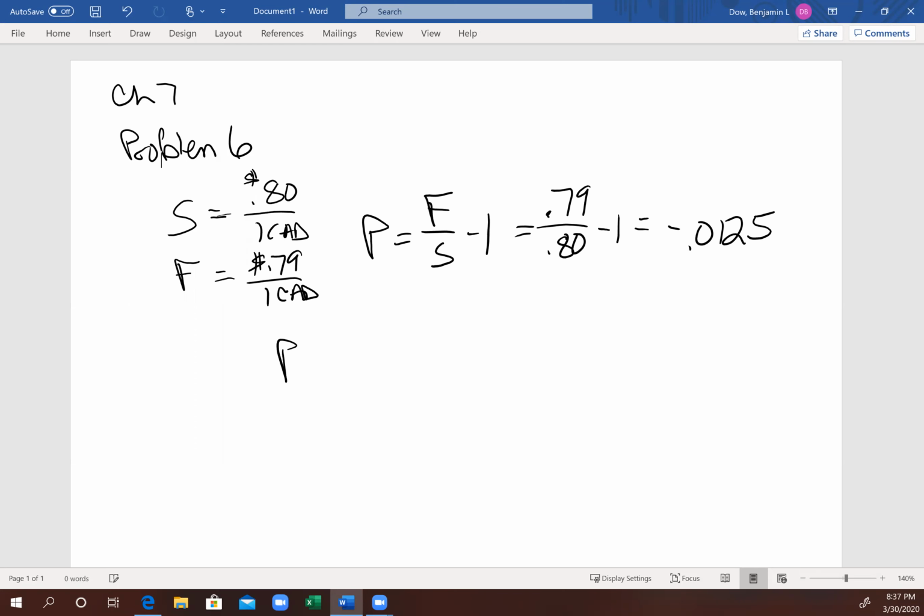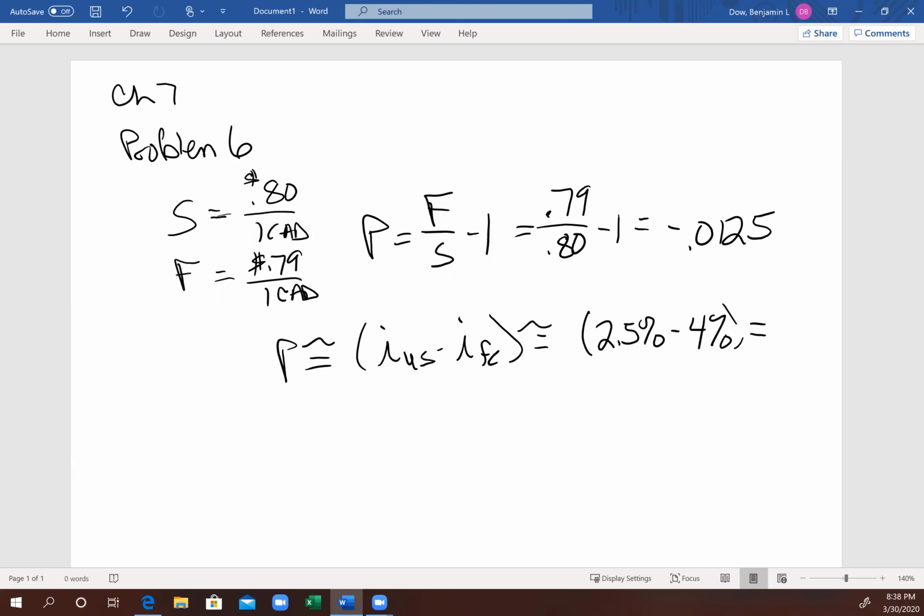And if we look at the premium as established by the difference in interest rates, so what we have is the premium as established by the forward and spot rate, not equal to the premium as established by the difference in interest rates.